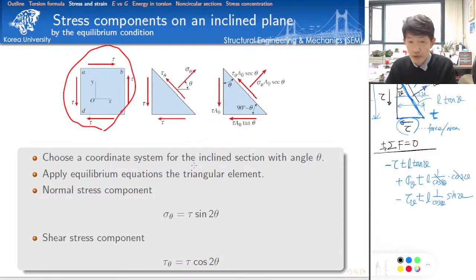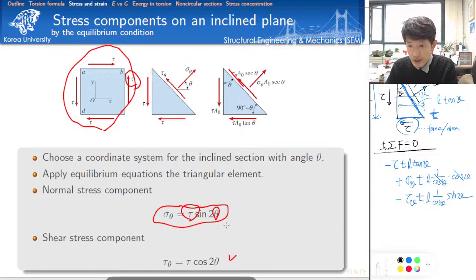So if you do this, then we can calculate the expression of normal stress in terms of the inclination angle, and then tau, the reference shear stress component here, and then the shear stress component on this surface too. So we can calculate in this way. By the way, the reason that we have sine 2 theta and cosine 2 theta is that we used the half angle theorem of trigonometric functions. That's why. Do you have any questions?